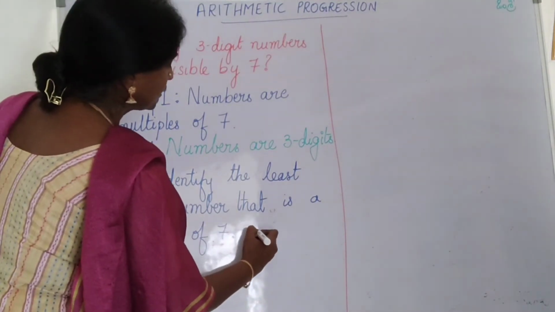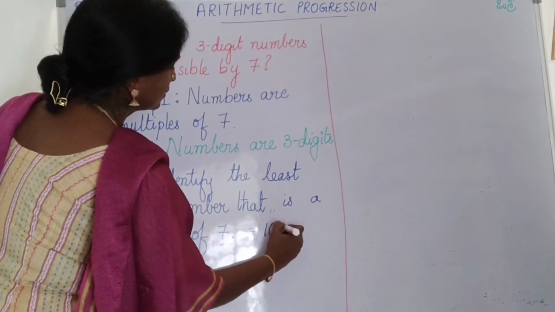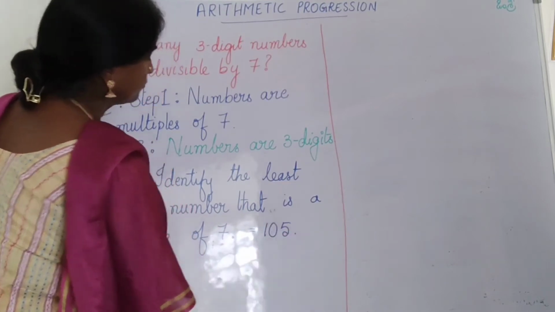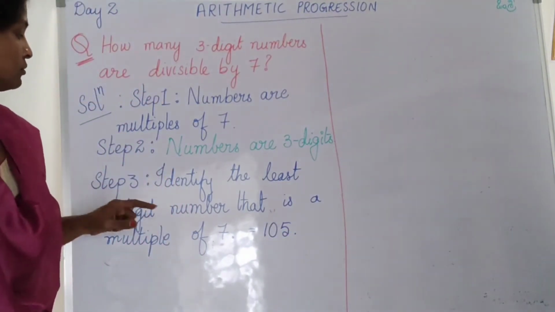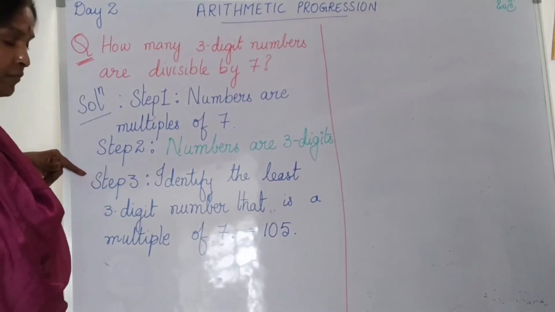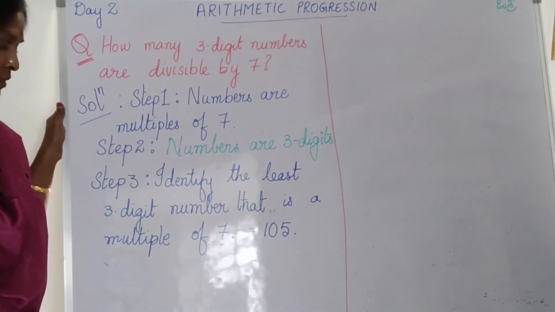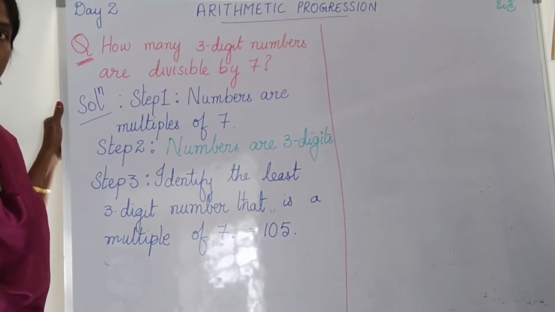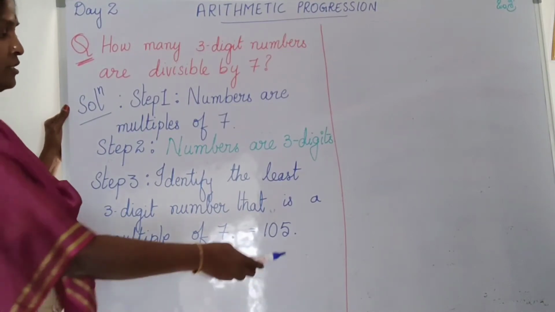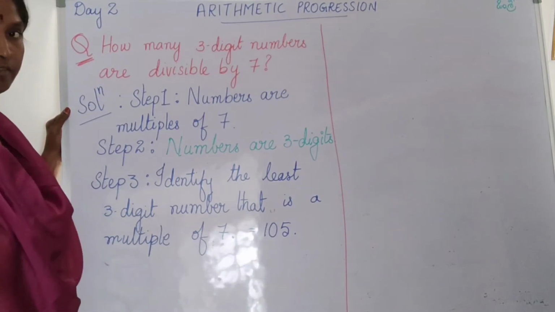So we'll get it as 105. So third step, what we have done, we have identified the least 3-digit number that is the multiple of 7, which is equal to 105.